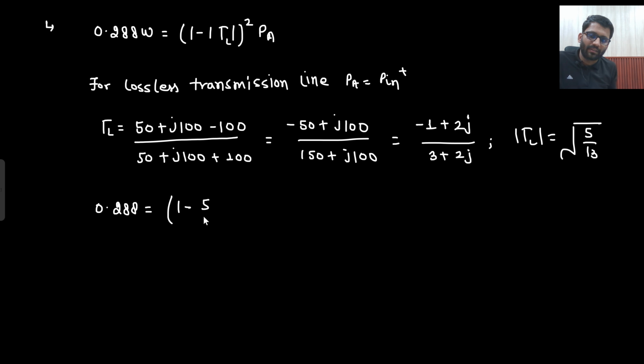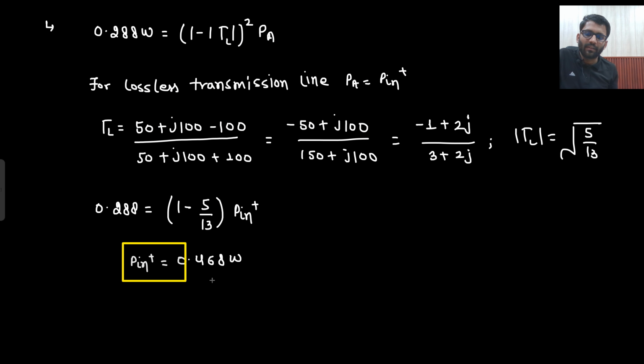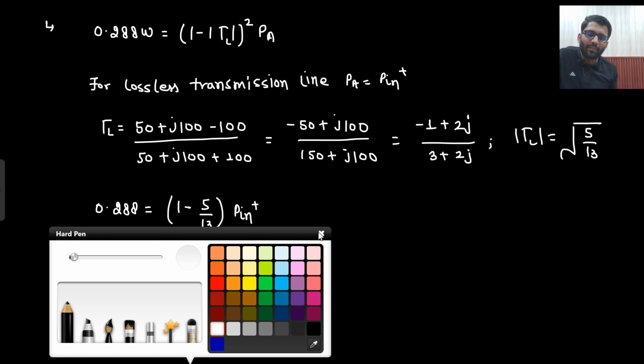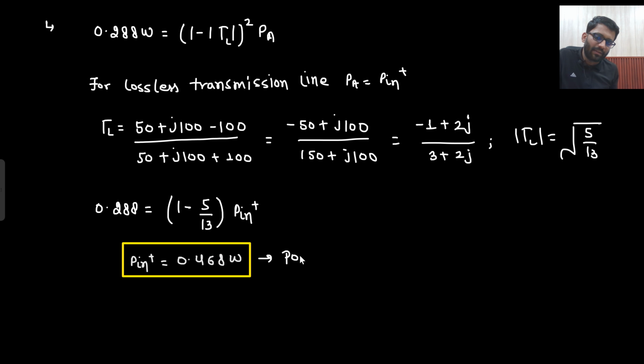Here, 1 minus 5 by 13 into P in plus. 13 minus 5 is 8. So 0.288 into 13 by 8 is 0.468. This is what we are getting. What is this? This is your power incident on the transmission line.